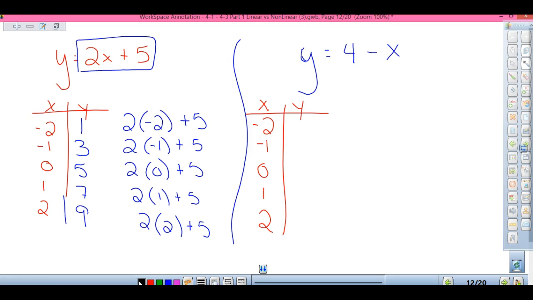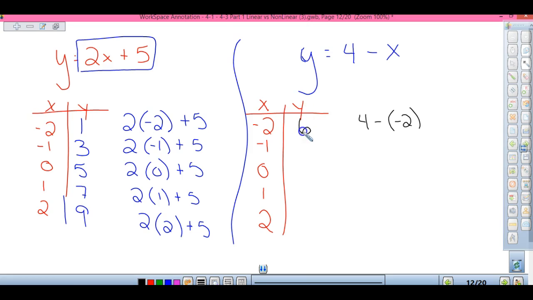Let's be careful here. We've got 4 minus, what am I putting in for x? -2. So 4 minus -2 gives us 6.